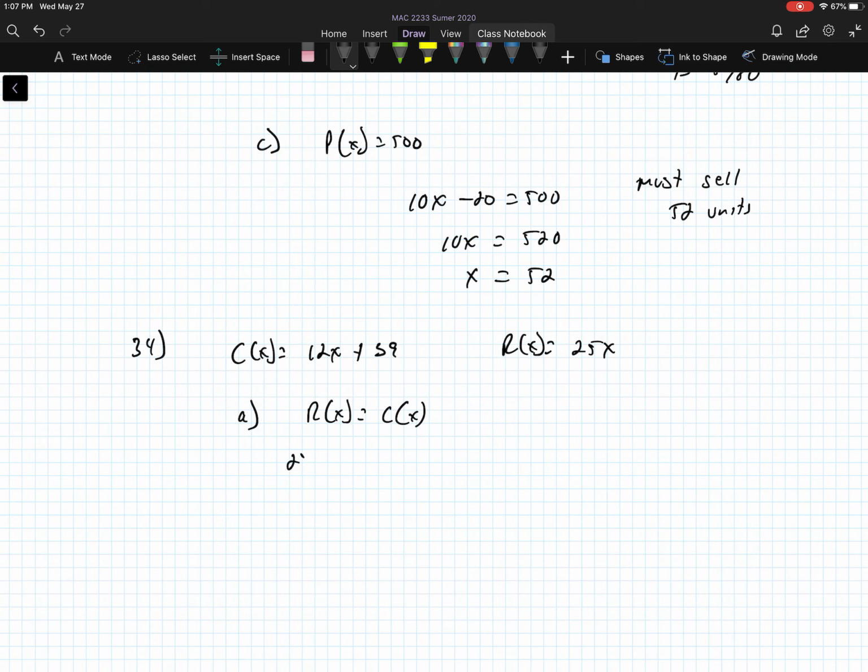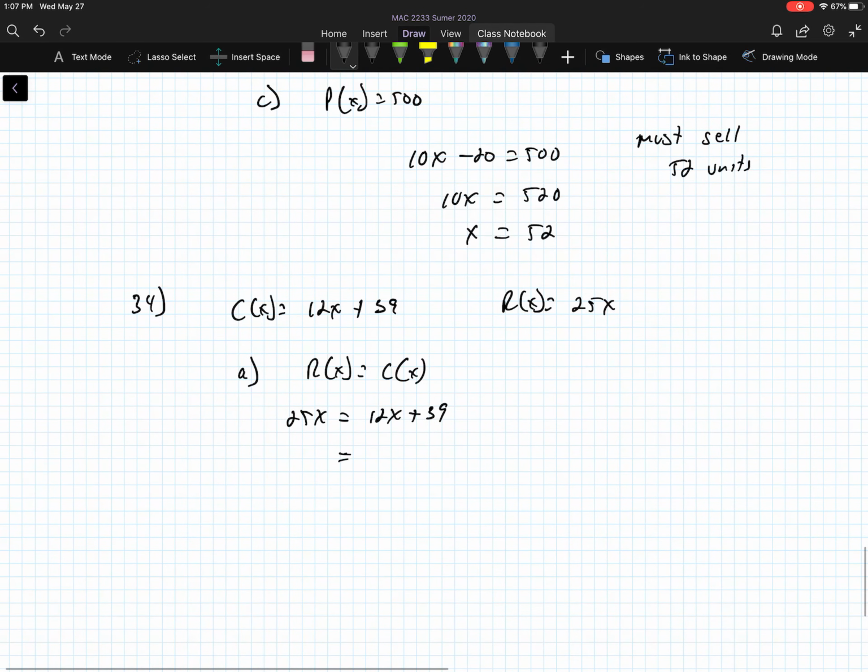That's when R of x is equal to C of x. So 25x is equal to 12x plus 39. And so this is just a simple, just combine like terms. And in this case here, x is going to be equal to 3. So break even is 3 units.